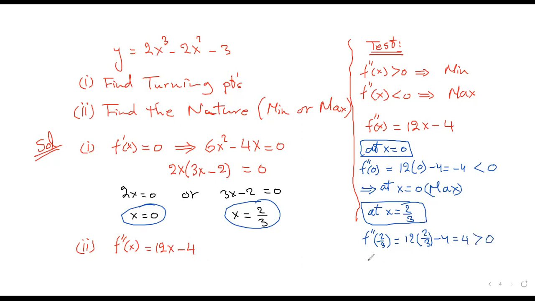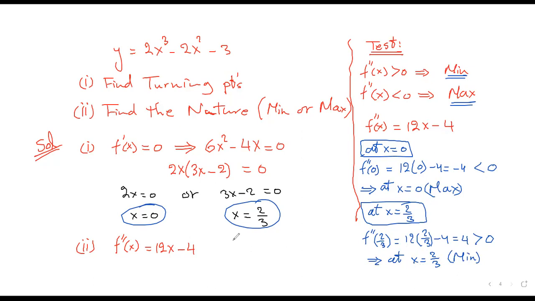This implies that at x equals 2 over 3, we have a minimum. Because the test says if the second differentiation is greater than 0, we have a minimum. If the second differentiation is less than 0, we have a maximum. Greater, minimum; less than, maximum.